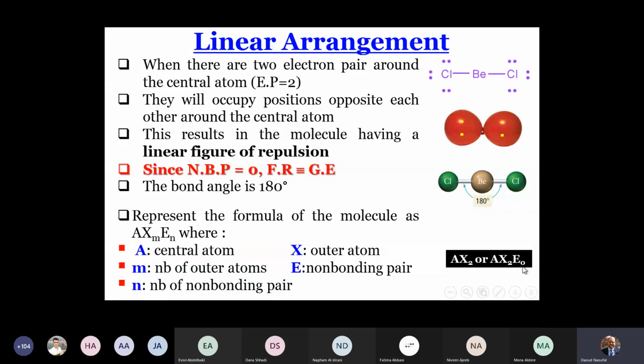So the molecular form of CO2 is AX2 or AX2E0. Without doing all this analysis, I can say that for CO2, the figure of repulsion is linear, the geometry is linear, and the bond angle OCO, outer atom, central atom, outer atom, is equal to 180 degrees.